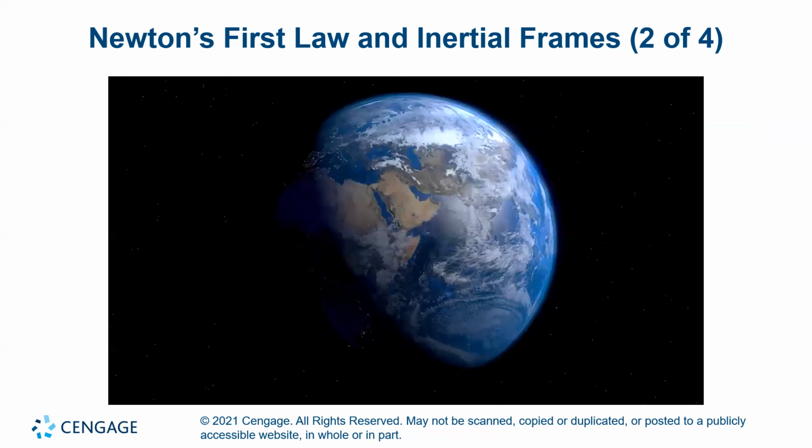But we're probably more familiar with the other way that Newton defined it. The reference frame that moves with constant velocity relative to distant stars is our best approximation of an inertial frame.